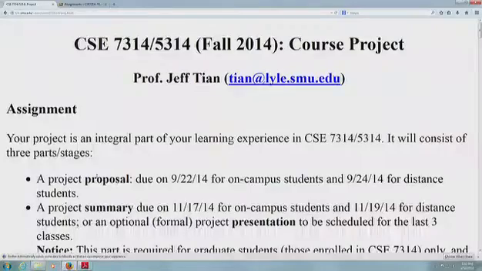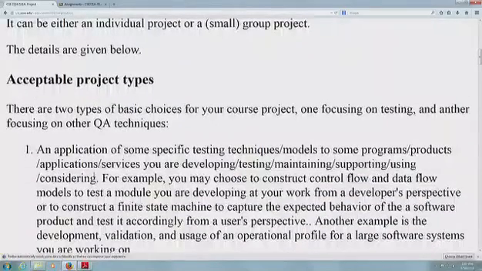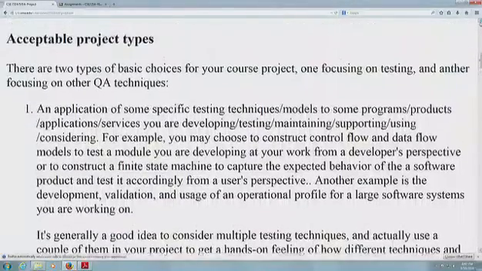Okay, so that's the logistic part of the project. Now let's look at what kind of project I want you to work on. As I mentioned, because we'll be spending a little more than half the time on testing, everyone must do some testing. That's a basic requirement.